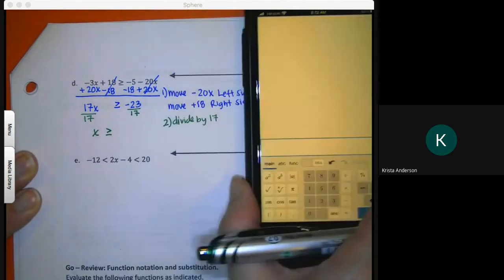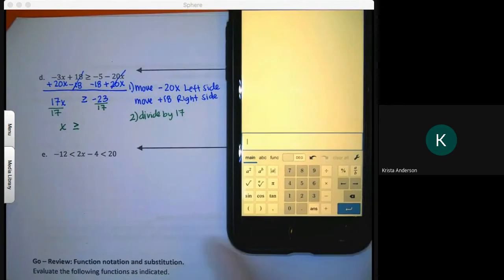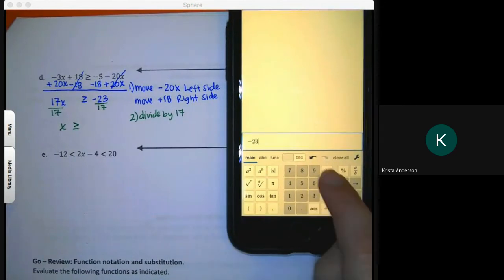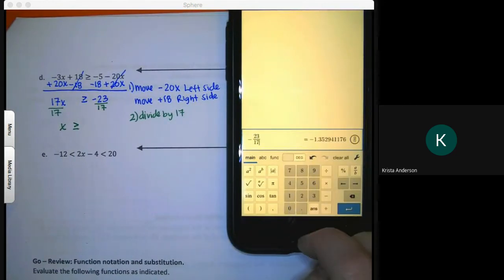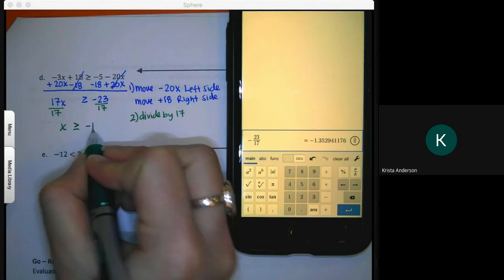Let's see what it is. Negative 23 divided by 17 is negative 1.35. I'm going to round it.